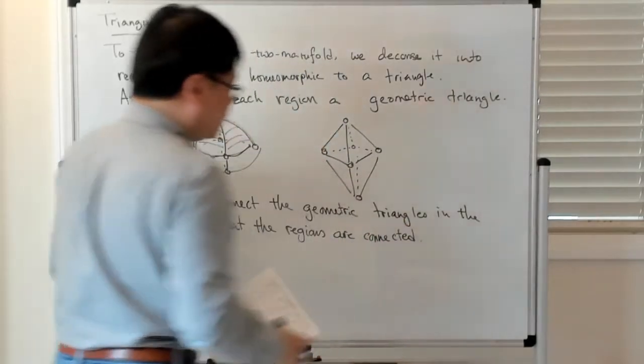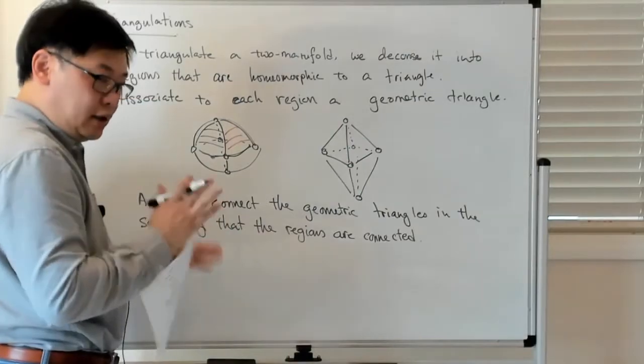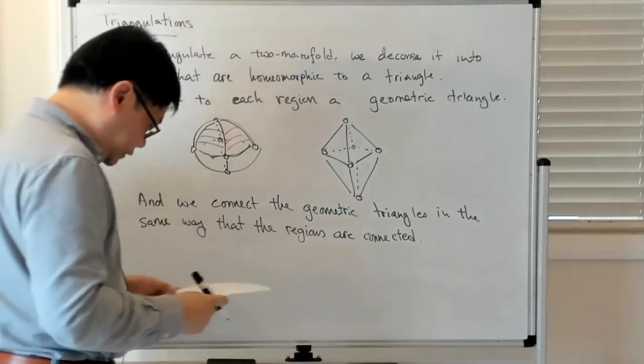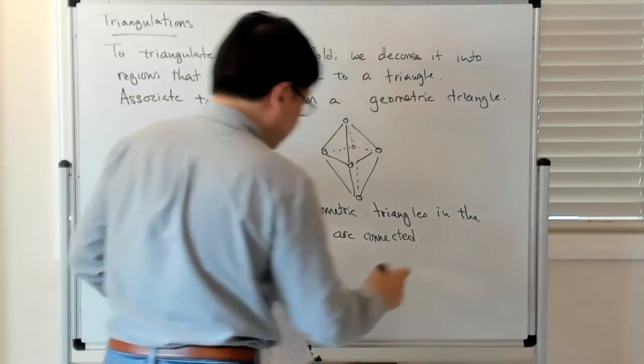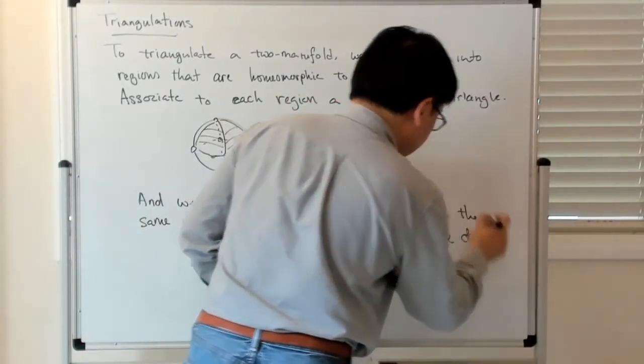So each of these triangles is a piecewise linear space, so we obtain a piecewise linear model.